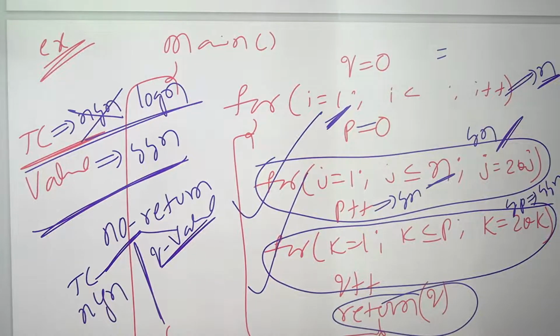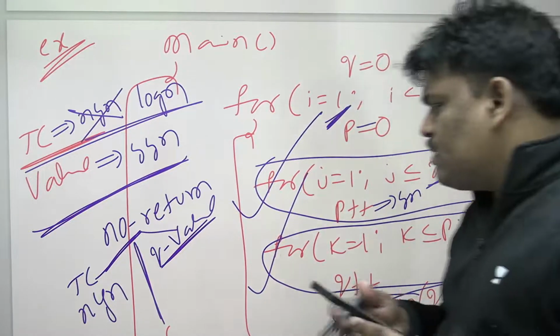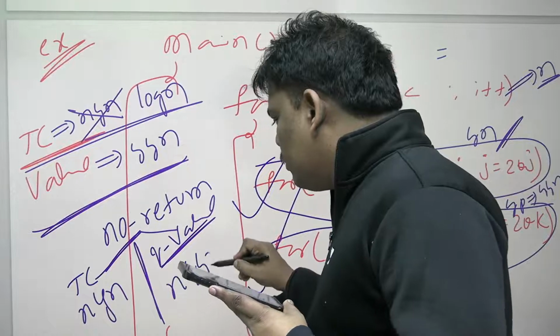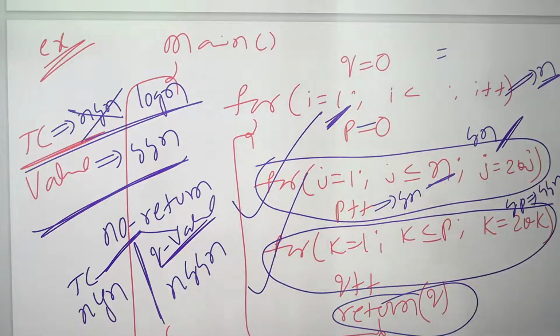So the Q value: the first time when I is equal to 1, the Q value is log n. The second time, one more log n. Third time, one more log n. Fourth time, one more log n. I think the answer is n log n. If return is not there, first time I is equal to 1, J will execute and P value becomes log n, K will execute and Q value becomes log n.